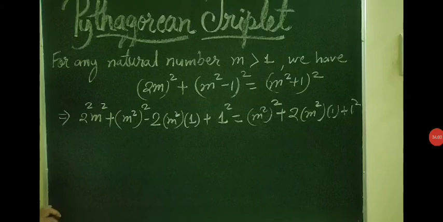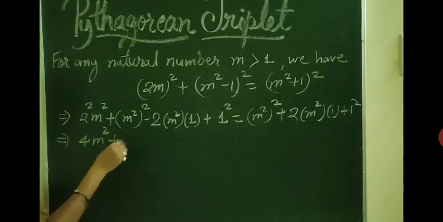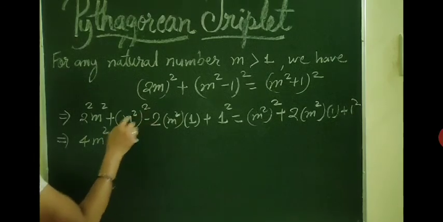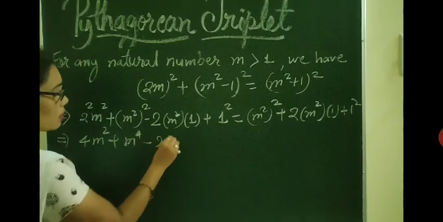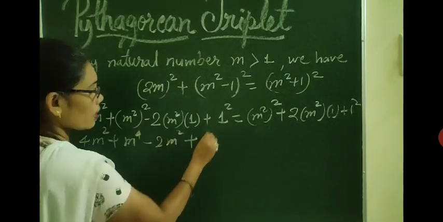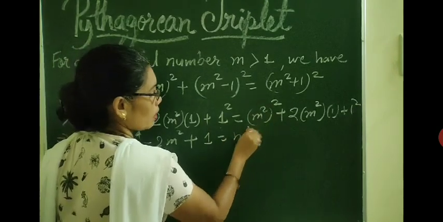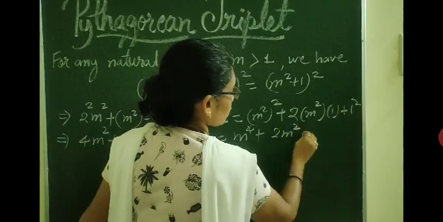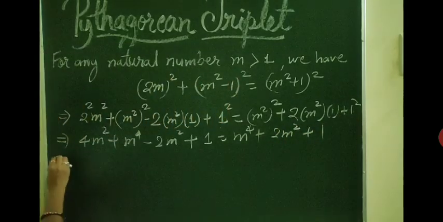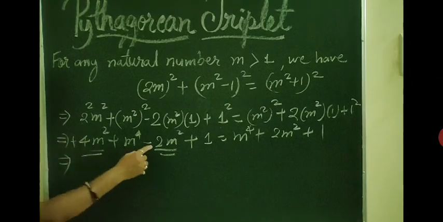Clear? Next, 2 squared is 4m squared, plus the square of m squared, that is m to the power 4, minus twice m squared plus 1 squared, that is 1. On the right, the square of m squared is m to the power 4, plus twice m squared, plus 1 squared, that is 1. Look here: 4m squared is positive and this is negative.